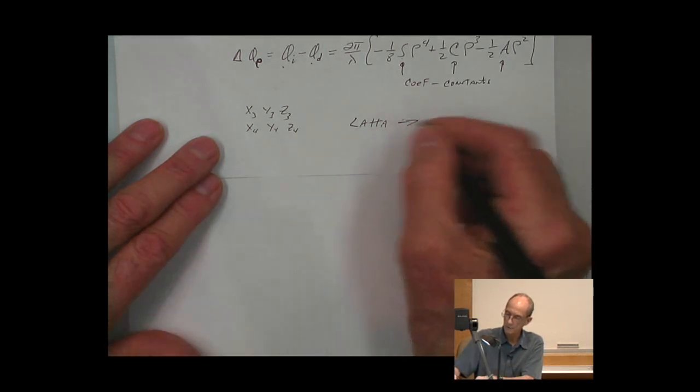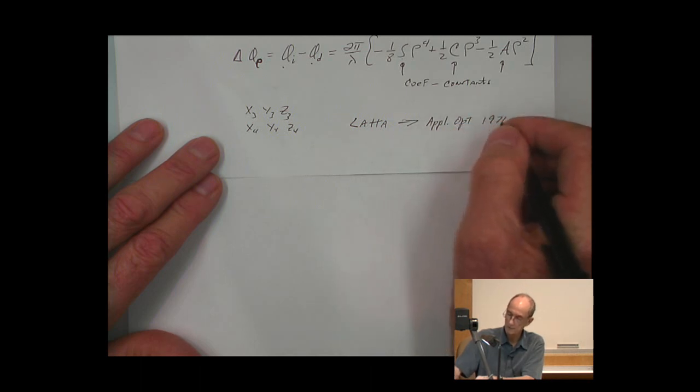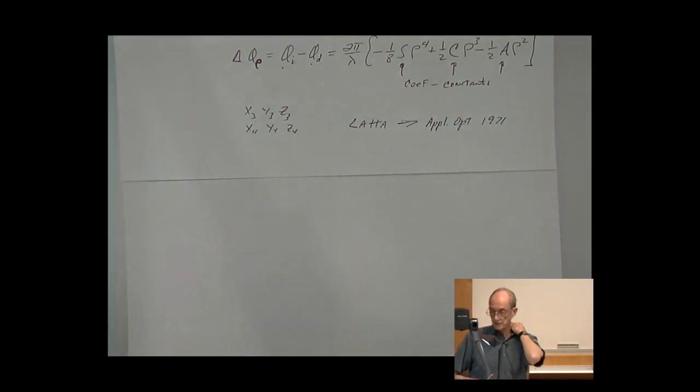There's a series of articles in Applied Optics back in 1971 on ray tracing when this was done on computers. So this was the first big ray tracing analysis of holograms, with computer systems and all this kind of stuff.